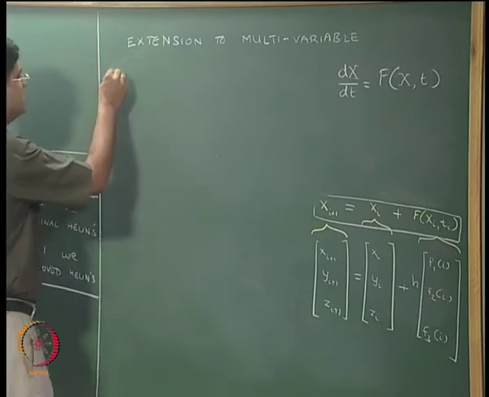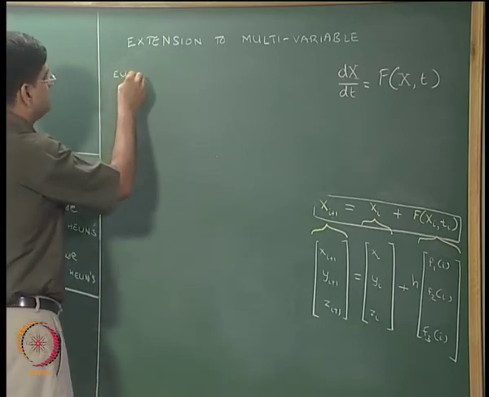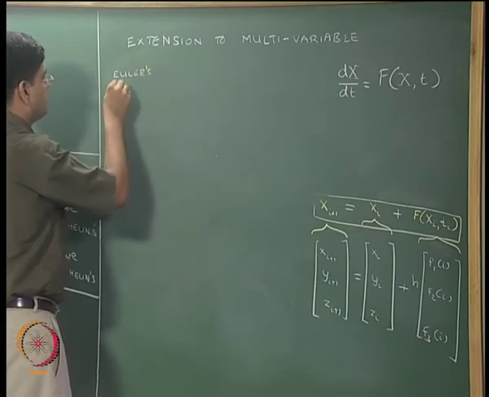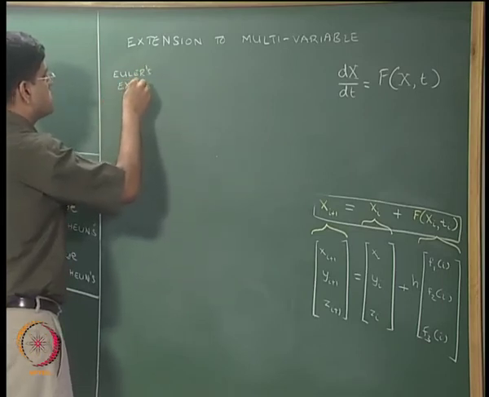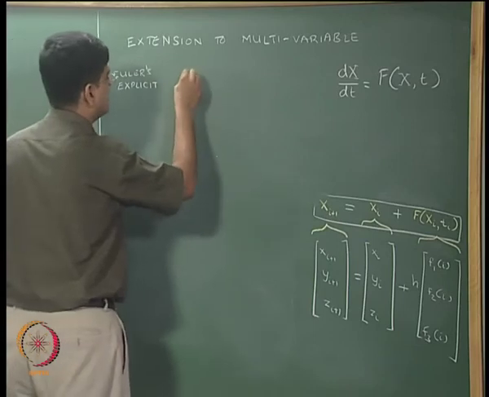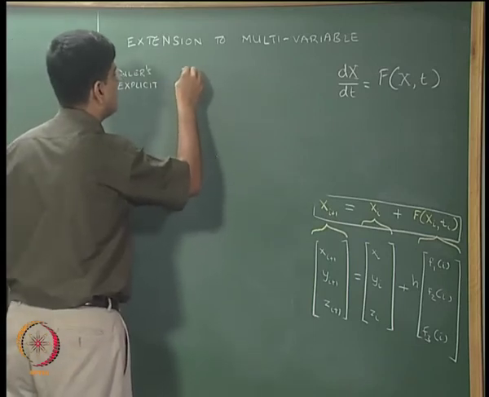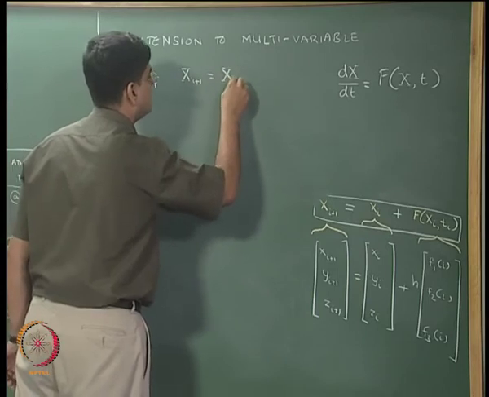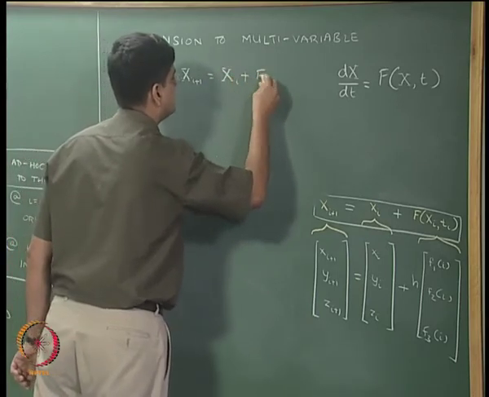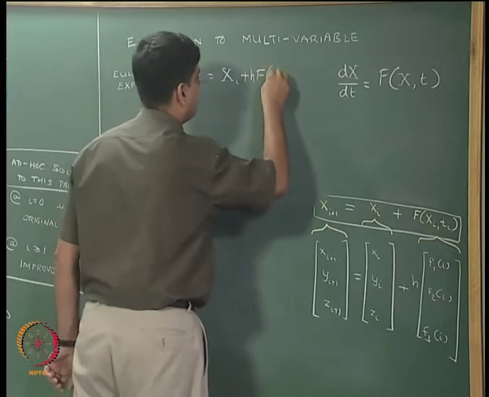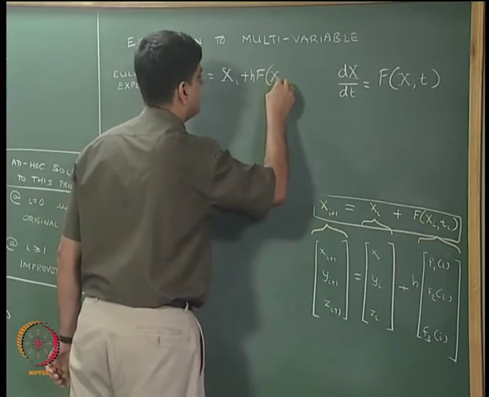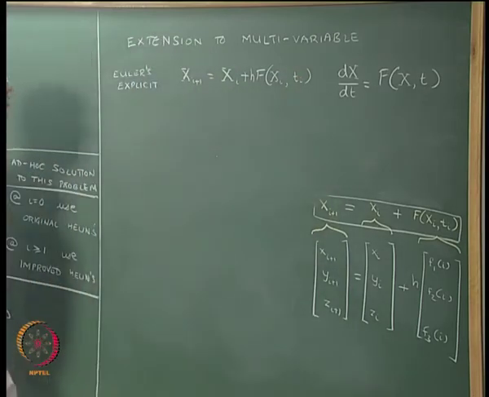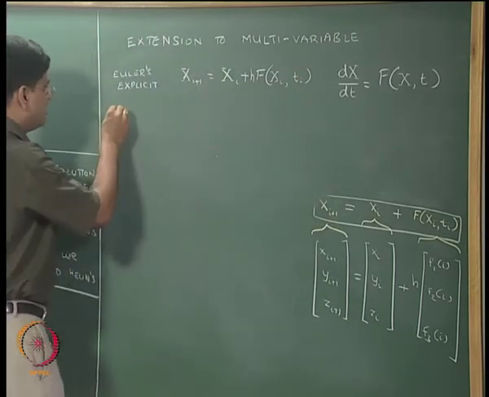Okay. The Euler's explicit expression is going to be x I plus 1 equal to x I plus h times f of x I comma t I. This is going to be Euler's explicit.